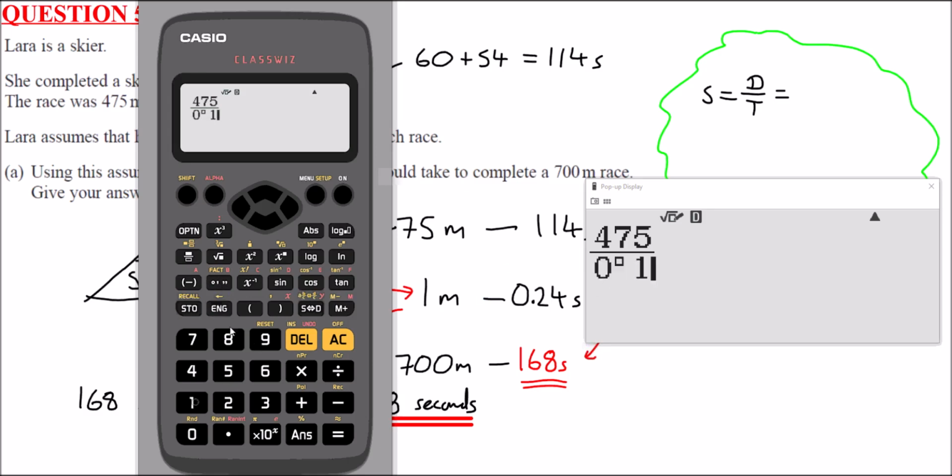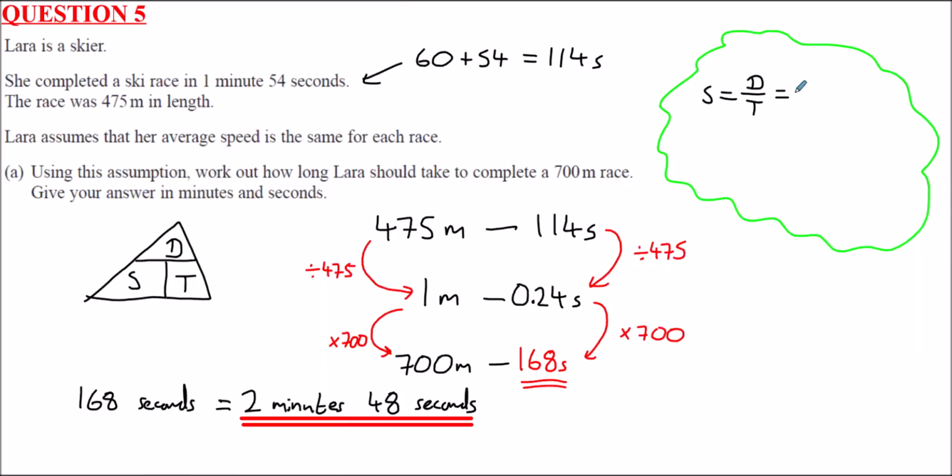It's 1 minute and 54 seconds. Press equals. We get 15,000. So her speed, now we use units of distance of meters. So that's meters per hour.